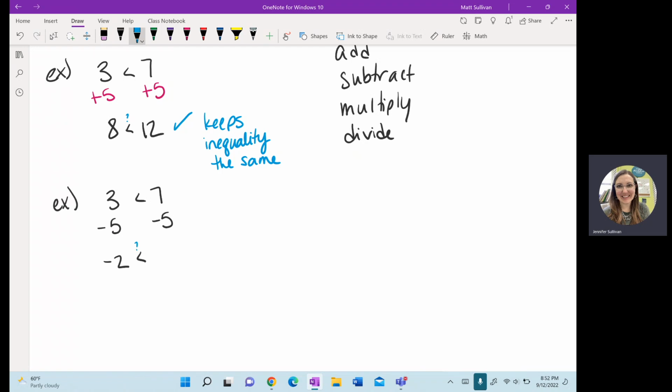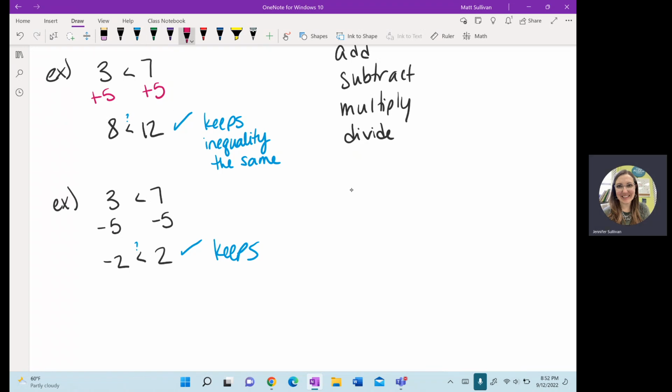We're not sure if it's going to be true or not, and then 7 minus 5 is 2. So is -2 less than 2? Yep, it sure is. That still keeps it a true statement.